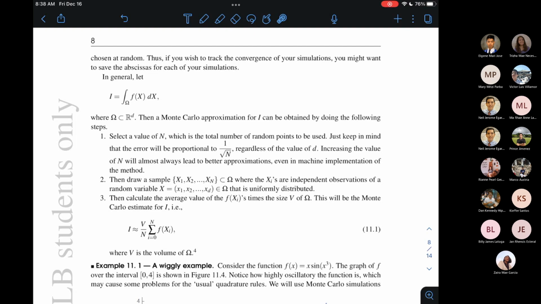The more points you use, the better the approximation is. And the nice thing about Monte Carlo simulation is it's just function value evaluation, then taking the average, then multiplying it by the size of the integration region omega, and that's it. Right? Napakasimple niyang gawin. So you can really afford to use tens of thousands, hundreds of thousands, or even millions of points. The more points, the better, especially for low dimension.